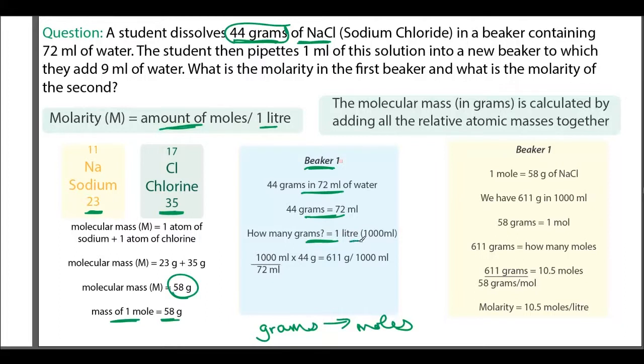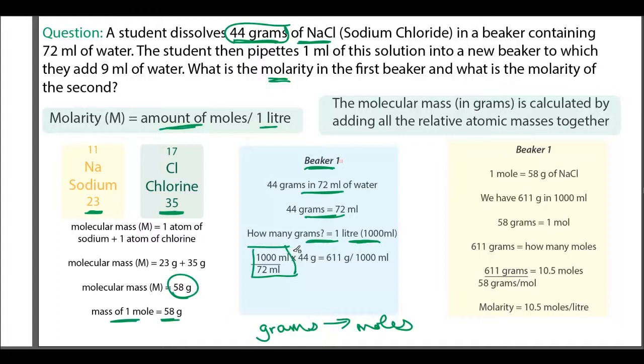We want a molarity, an amount of moles per litre. So we need to calculate the amount of grams in 1 litre. If we use this conversion factor here, what this is telling us is how much bigger 1000 milliliters is than 72 milliliters.